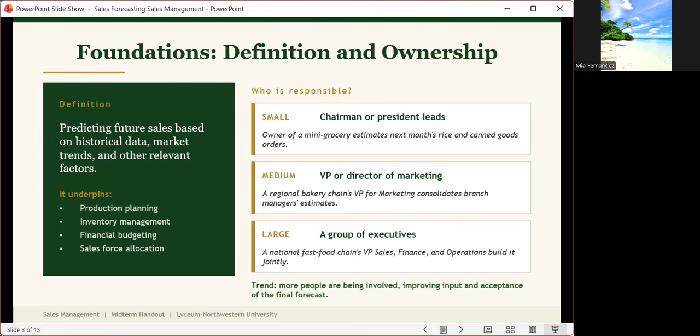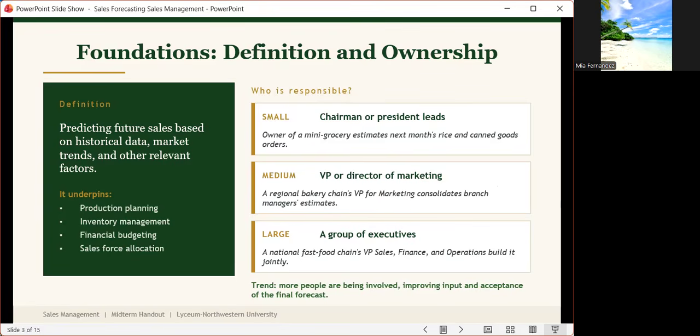But if it's a medium firm, the vice president or director of marketing will do the forecasting, for example, a regional bakery chain's VP consolidating branch managers' estimates. That's already for medium enterprises.